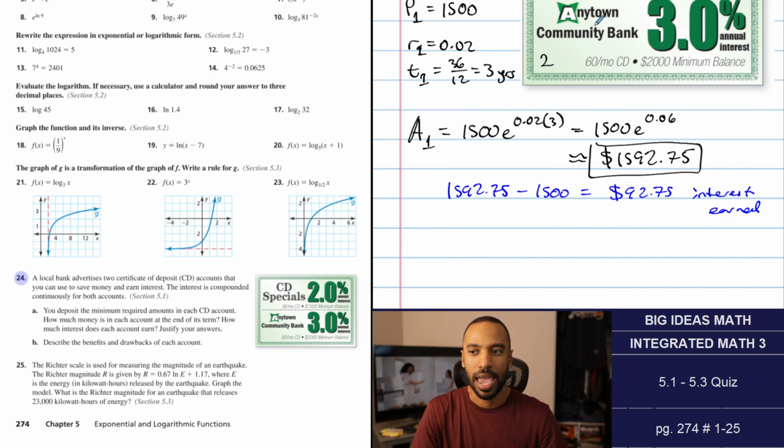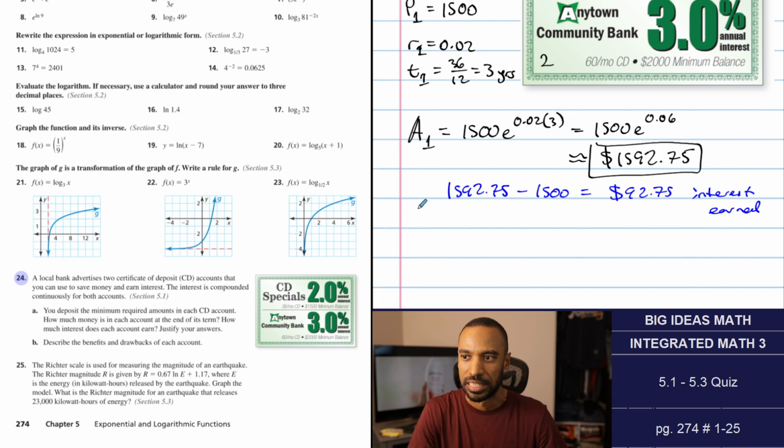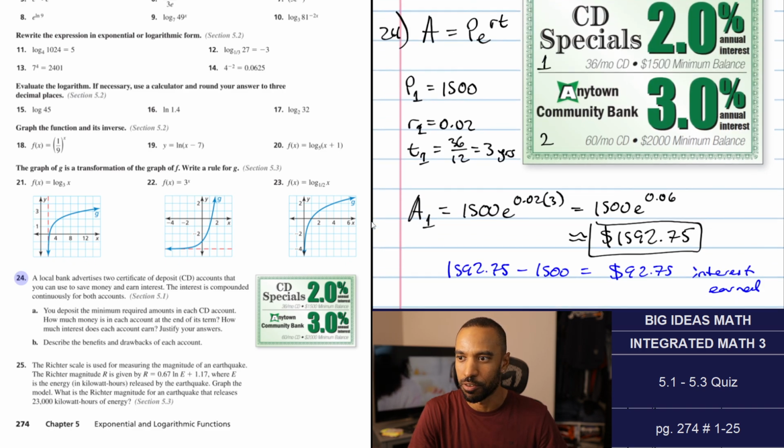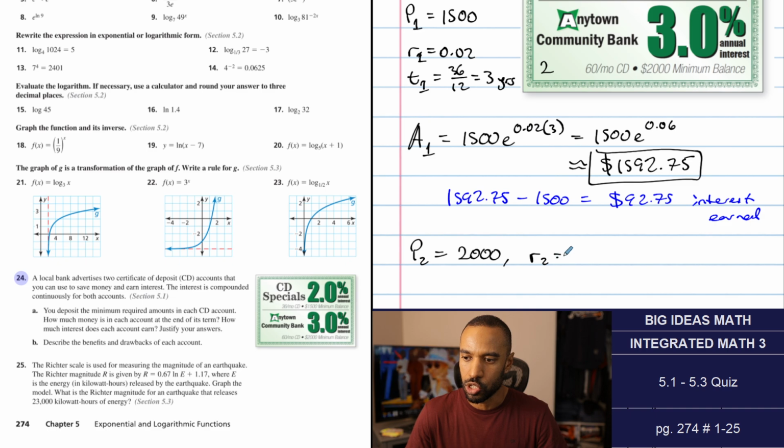That's A sub 1. A sub 2 has all the information down in 2, so we can spell that out. Anytown Community Bank, CD specials. P sub 2, principal is $2,000 instead of $1,500. Interest rate of this is 3%, so everything's already looking bigger. We're going to get more money on this, clearly, as we started with more, higher interest rate, and more time.